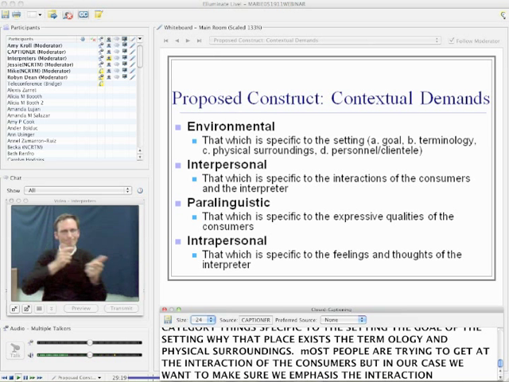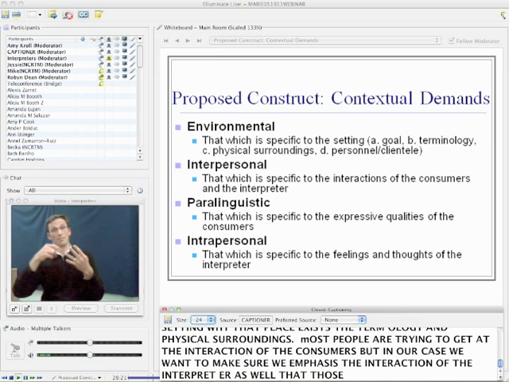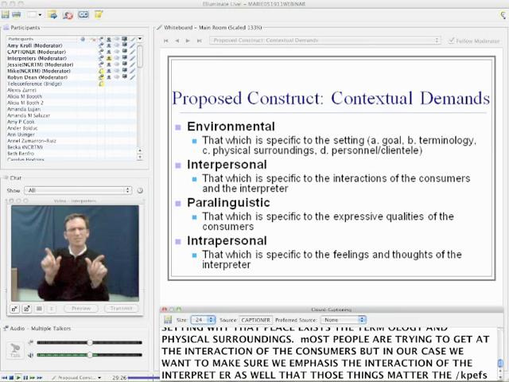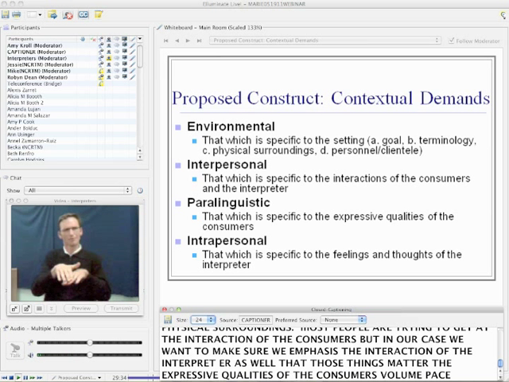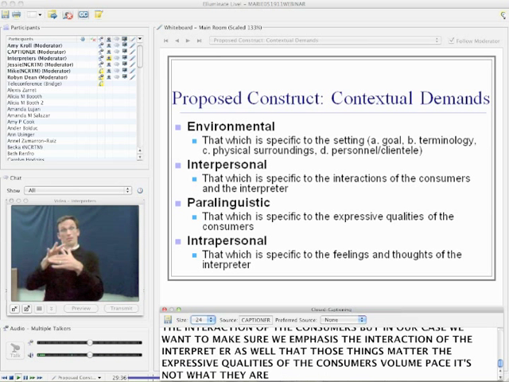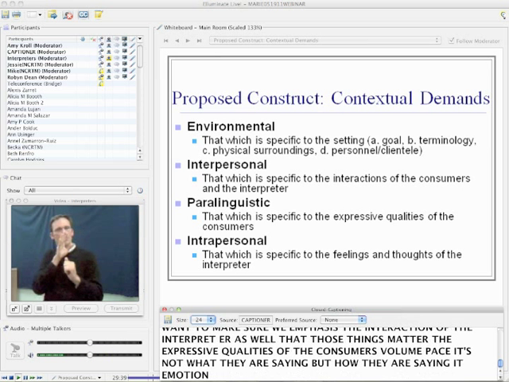The paralinguistic demand, that which is specific to the expressive qualities of the consumers. Examples might be accents, volume, pace. It's not what they're saying, that would be interpersonal. It's how they're saying it. Emotional tone or mood is another example.